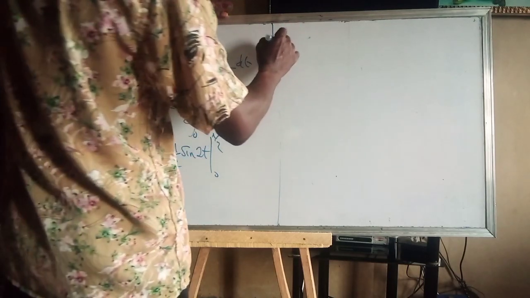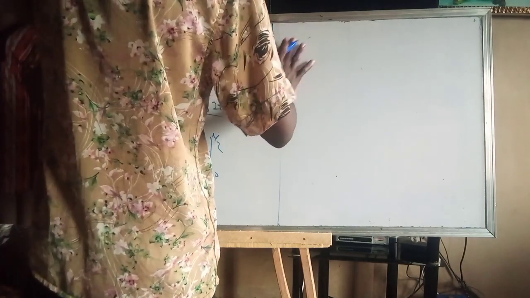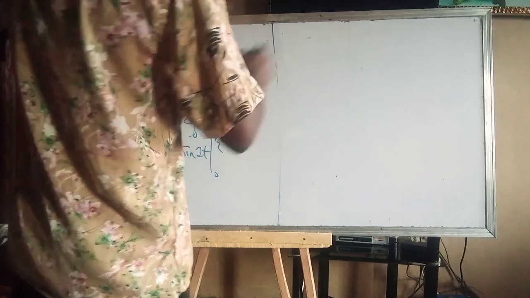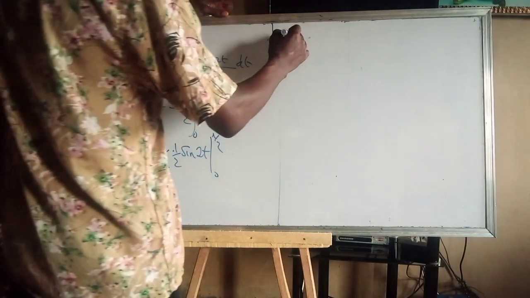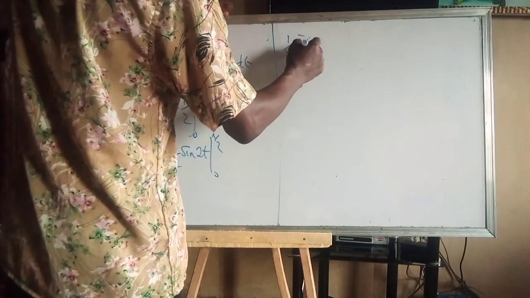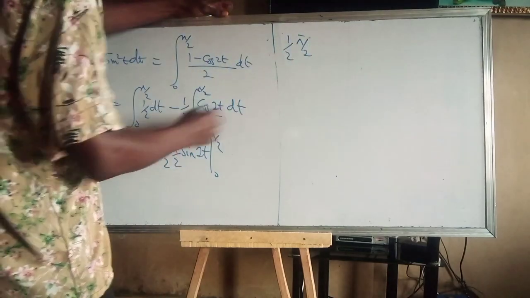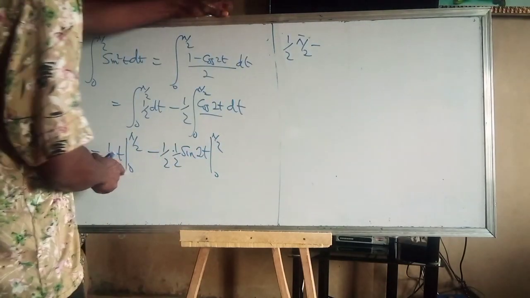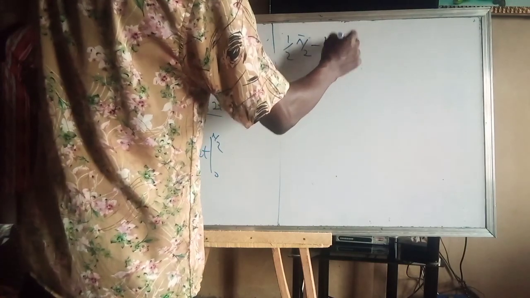You now have half of t. So when t is pi over 2, you have pi all over 2 for half of t, and you are multiplying it by minus. When t is 0, half of 0.